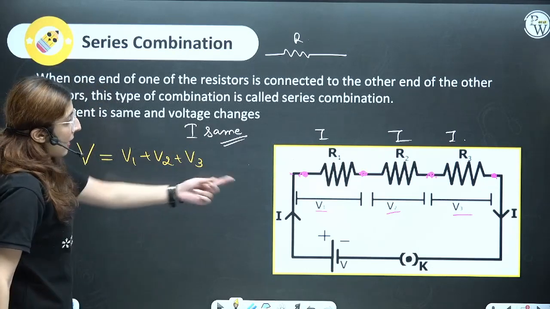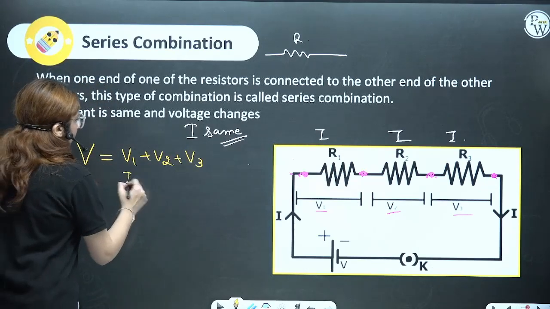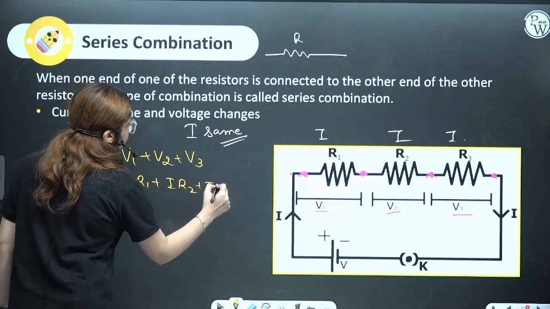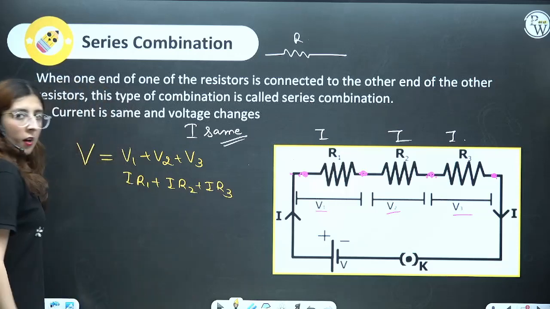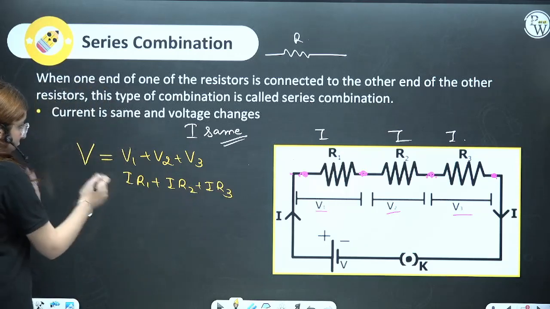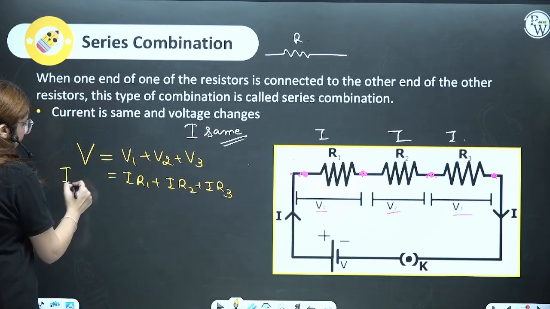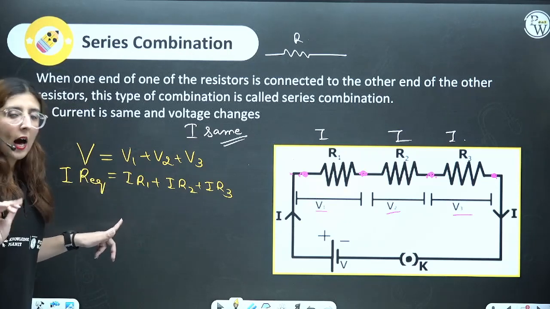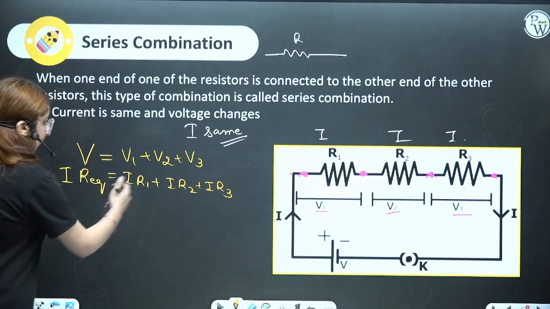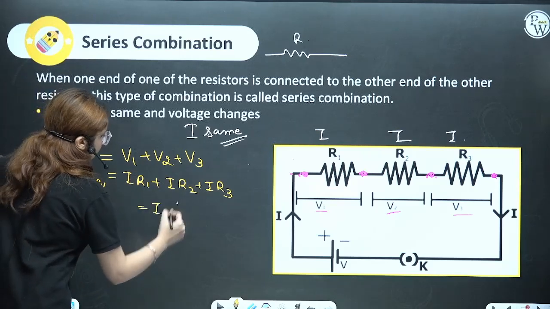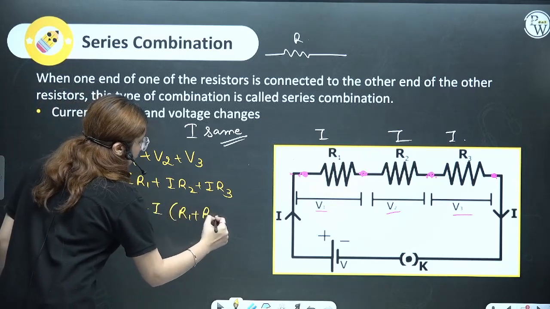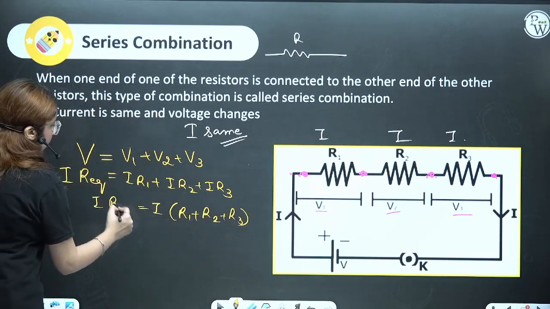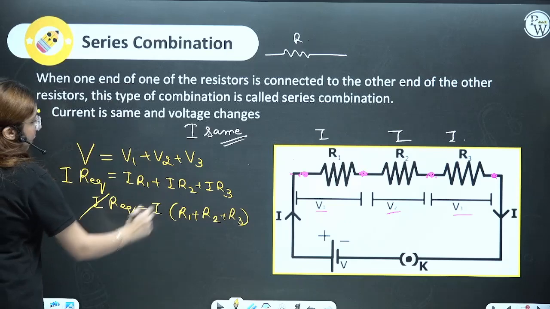Now, in place of V1, can I write I R1, plus I R2, plus I R3, and in place of V also, I am writing I R equivalent, because that is the net resistance, R net or R equivalent. Take I common: I times (R1 plus R2 plus R3) equals I times R equivalent. Cancel out I from both sides.